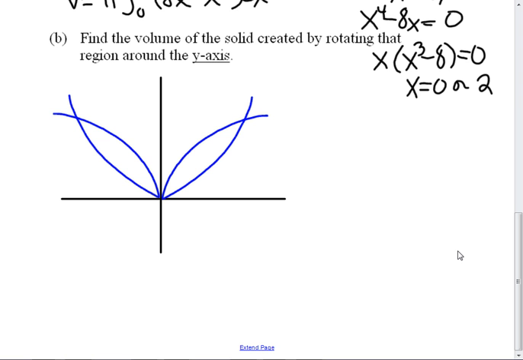We'll rotate it around Y. And when I draw my radius, I always go to the original curve, never to the image. So let me try and draw a slice here. It's going to look similar to the other one. It does have a different volume though. There's that one, and there's this one. And there's a hole in the middle.